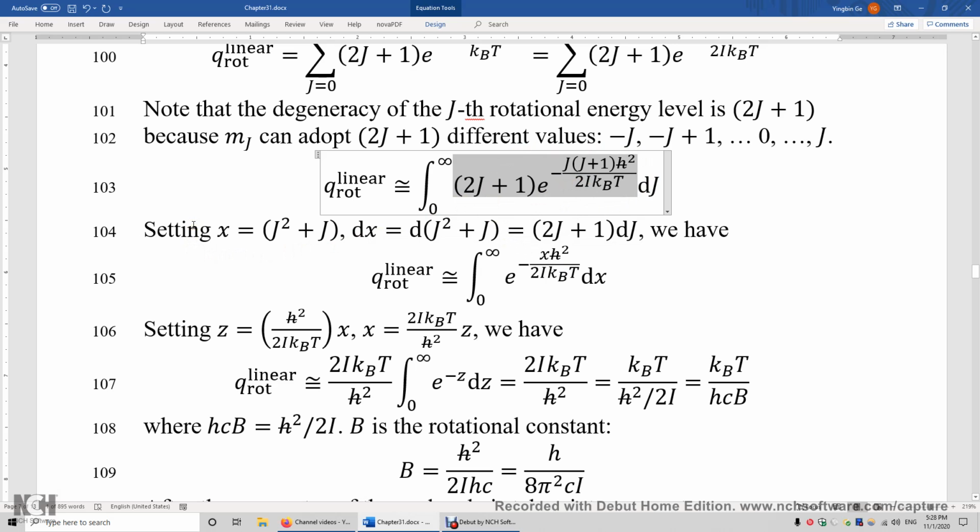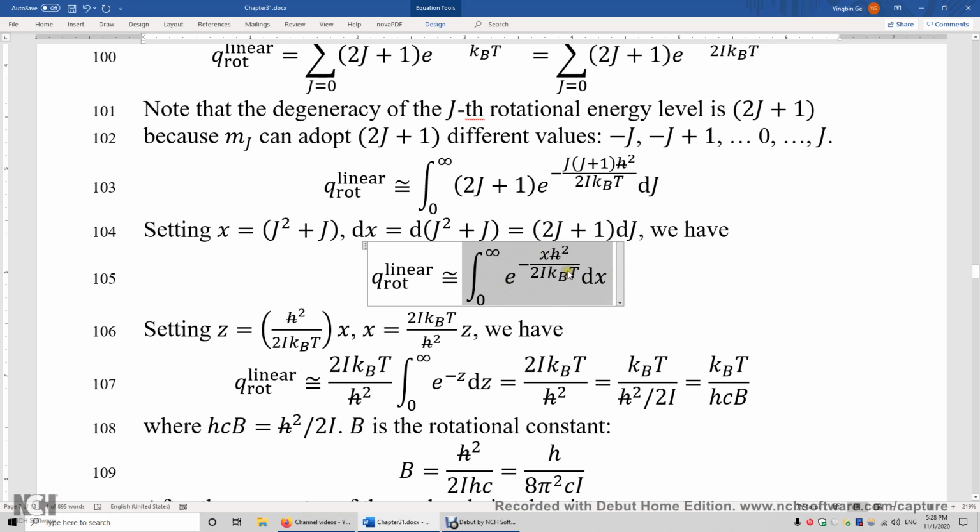We'll do variable substitution by setting x to be J squared plus J. And then dx is simply (2J plus 1) times dJ. Therefore, we have this (2J plus 1) times dJ is equal to dx. And over here, J times (J plus 1) is x. Therefore, the rotational partition function of a linear molecule is approximately this.